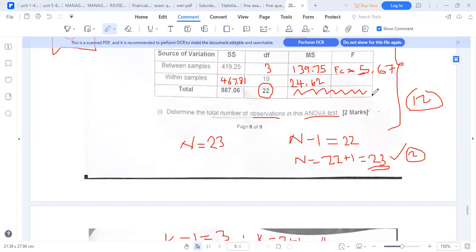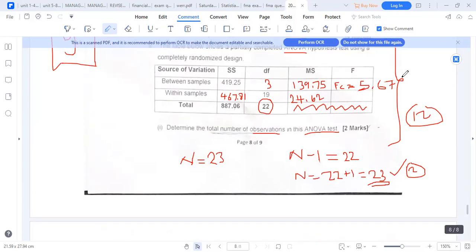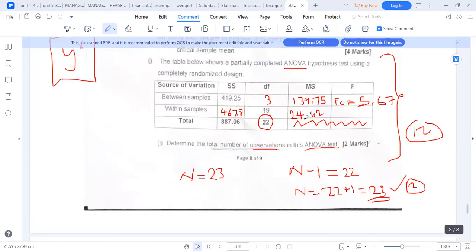On the K, I think why I was confused is because I thought of answering 2 because of what I was seeing here on the source of variation. But there we were looking at ABC, and here I couldn't see any ABC, so I was confused about where the 3 is coming from.